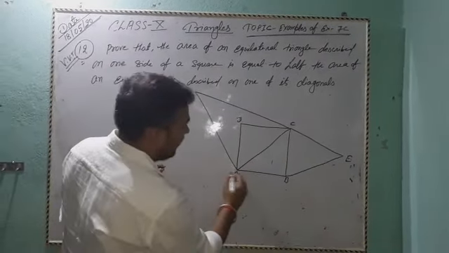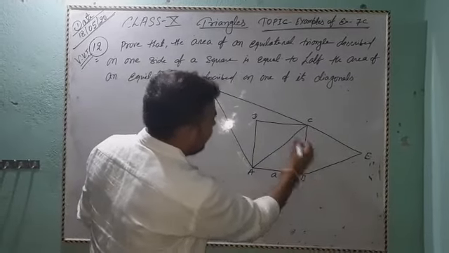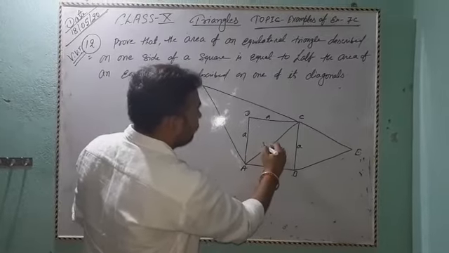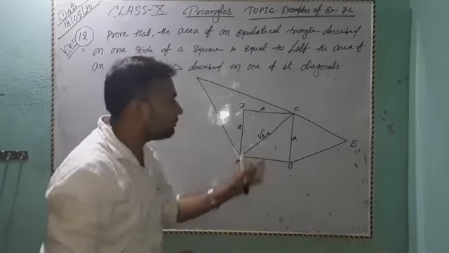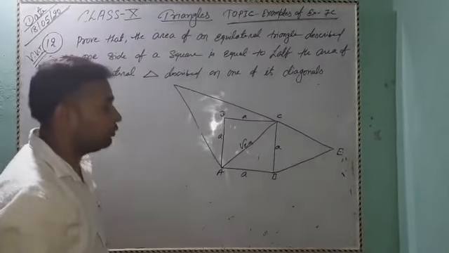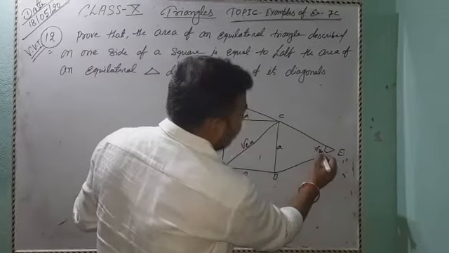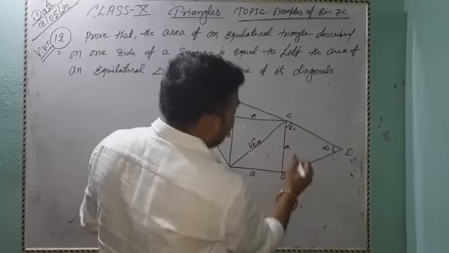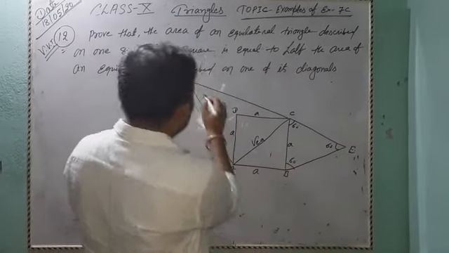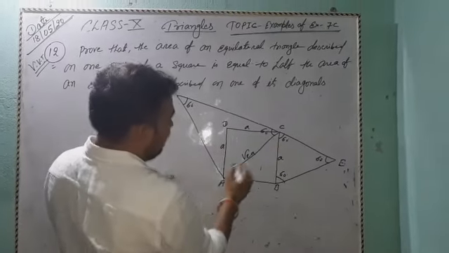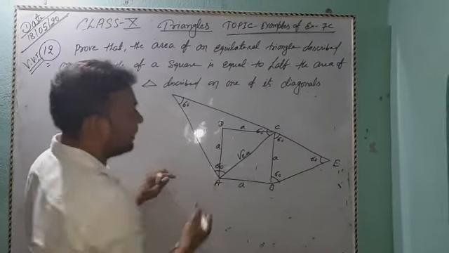The side is a, and AC equals root 2 into a. The diagonal of the square equals root 2 into the side. Each angle of an equilateral triangle is 60 degrees.